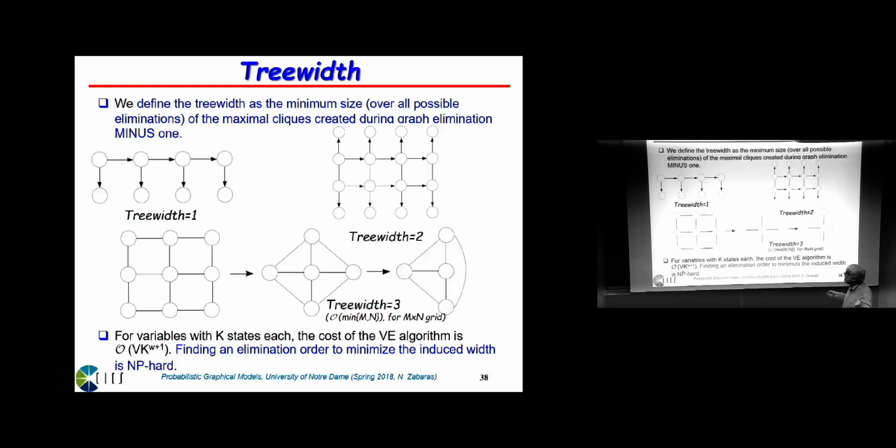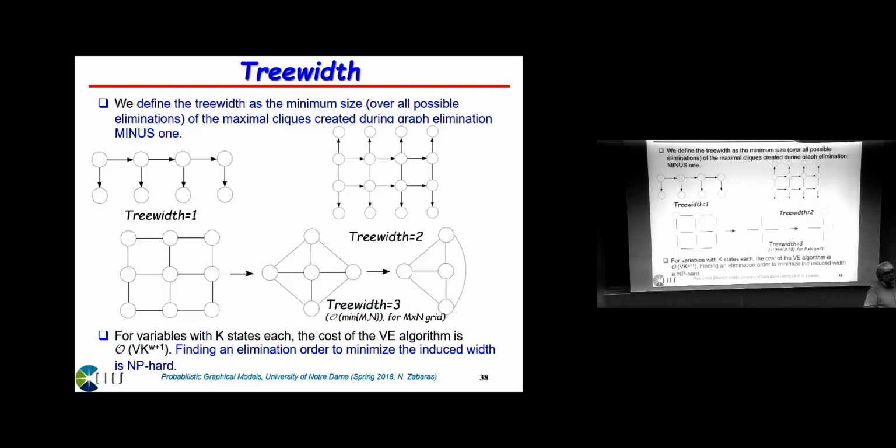One. So if you look carefully, it says here, we define the treewidth as the minimum size over all possible eliminations of the maximal cliques created during graph elimination minus 1. So the clique here is size 2, because there are 2 variables, minus 1.